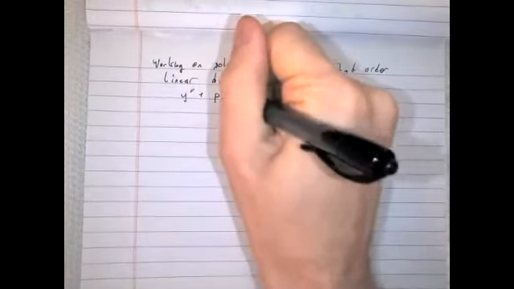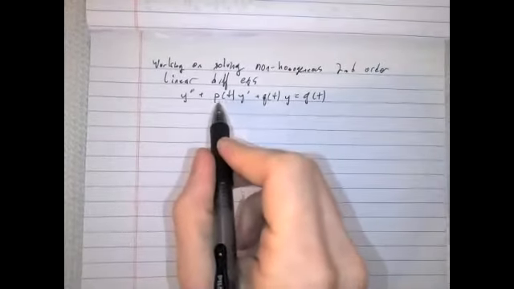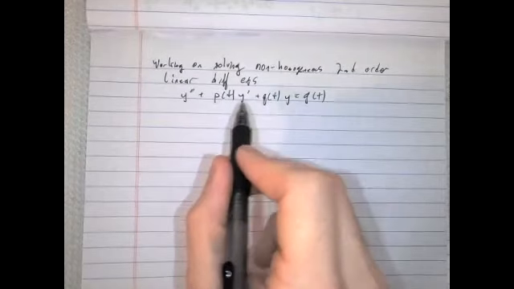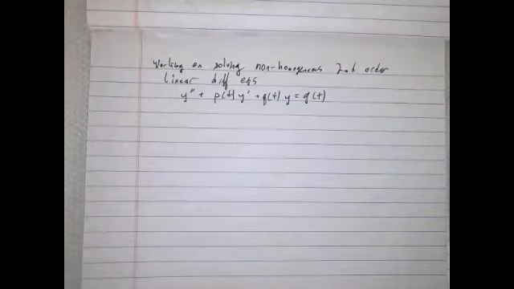Or in other words, y'' + p(t)y' + q(t)y = g(t). And mostly we're dealing with the case where the coefficients p and q are constant functions, namely numbers.